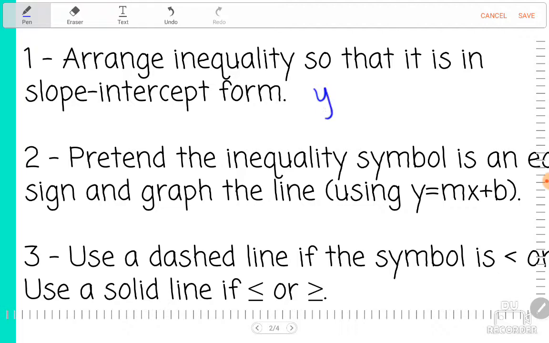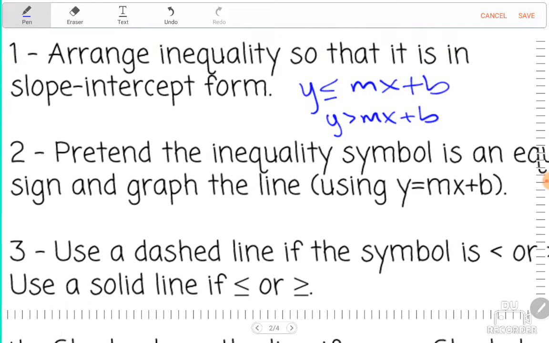So usually we have y equals mx plus b. Obviously it could be like y is less than, y is greater than, less than or equal to, etc. So the sign doesn't matter, but in that form.